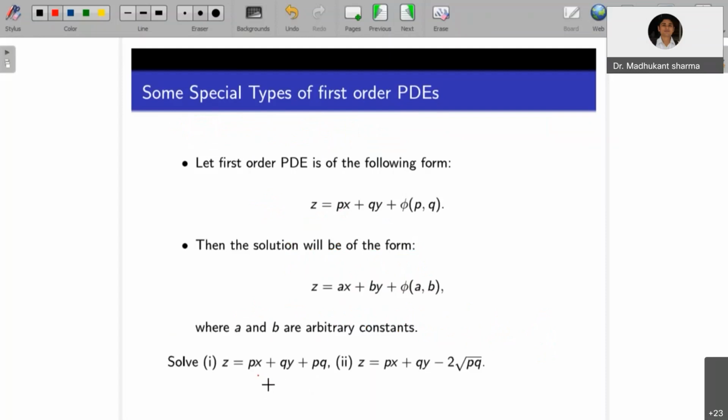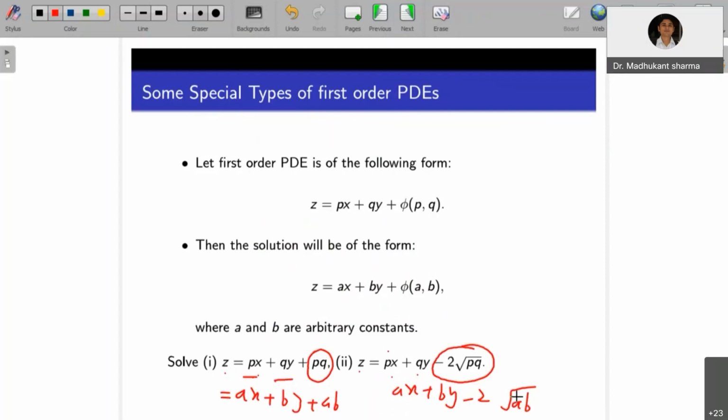Because they are in Clairaut's form, it is straightforward, because you can verify z equals px plus qy plus function of p comma q. Similarly, the second equation z equals px plus qy plus some function of p comma q, and here the solution is ax plus by minus 2 square root of a times b.